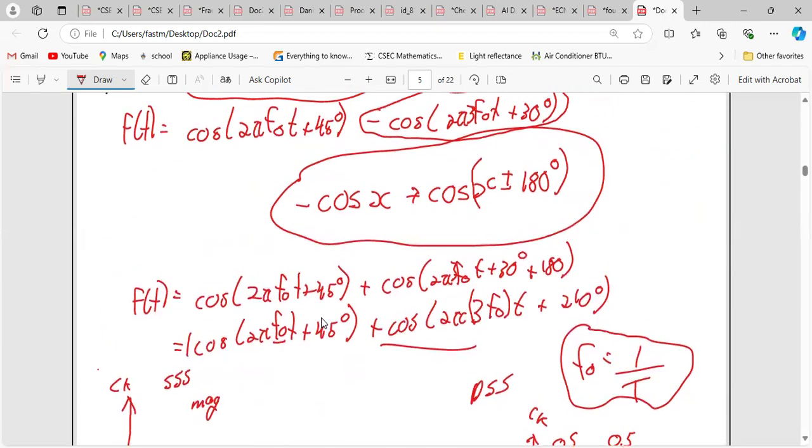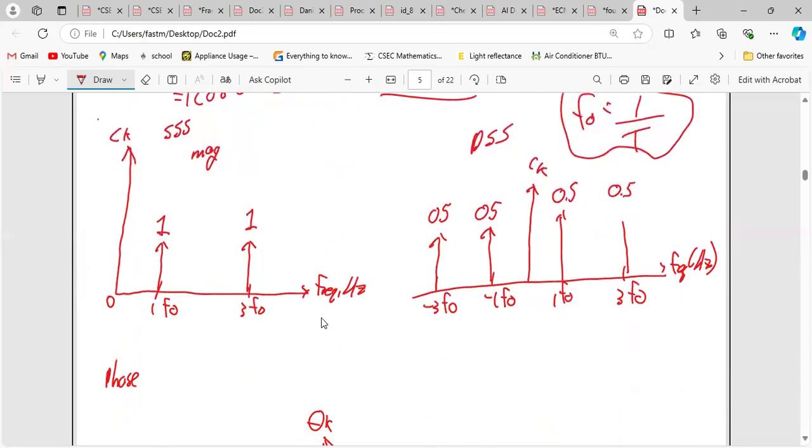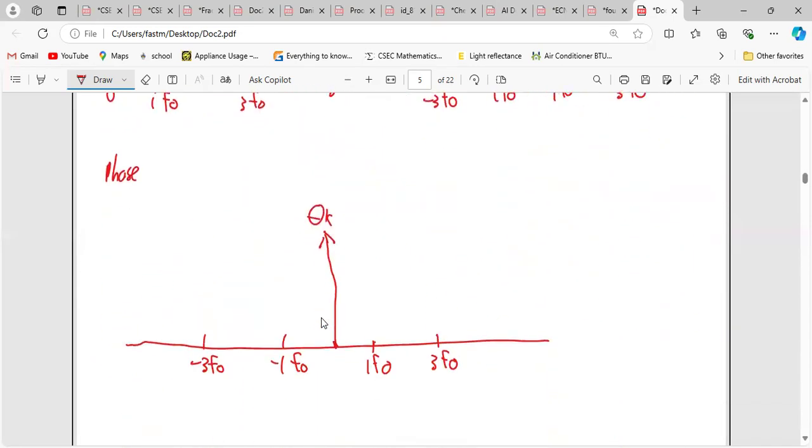So the phases we have on the positive side are 45 and 210. And then obviously if I want to mirror it, this will be minus 45, and this will be minus 210 degrees. Don't forget to label your axes. We'll have theta k there already, the harmonic frequencies and the scaling of them on top of the arrow.